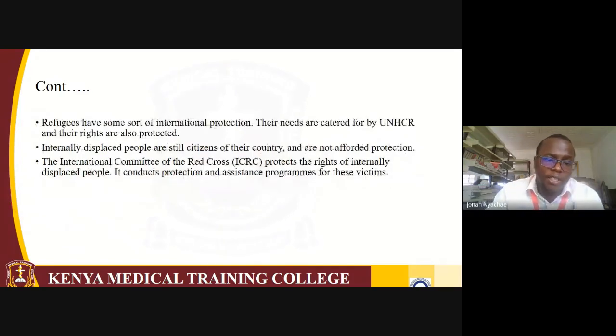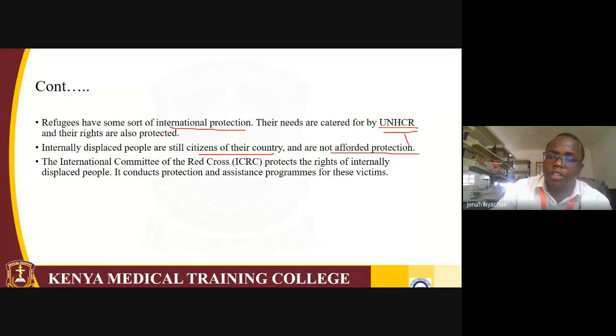So refugees have some sort of international protection where their needs are catered for by the United Nations High Commission for Refugees. The internally displaced, who are basically citizens in their country, are not afforded the protection of the United Nations High Commission for Refugees.